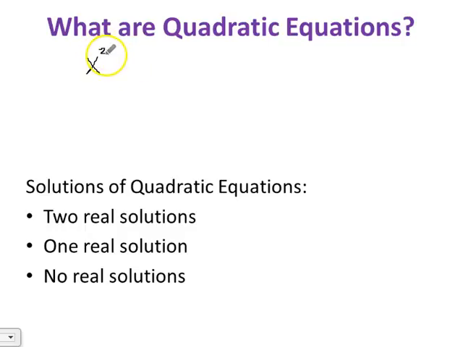We can't have any exponent that's higher than a 2. So the highest exponent is going to be a 2, and it has to include an exponent of 2. We could have a middle term like 2x, and we can also have a constant term. We might just have an x squared and a constant term.